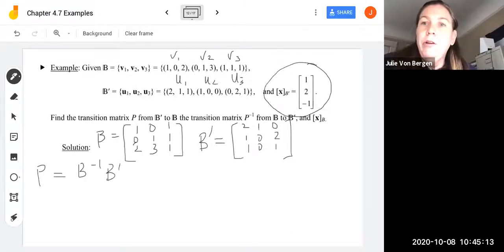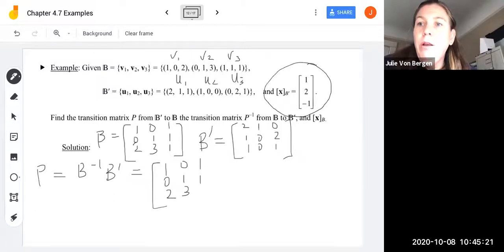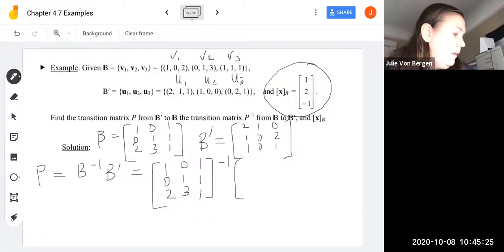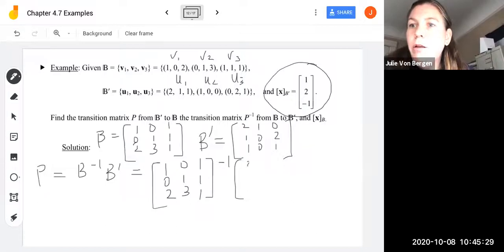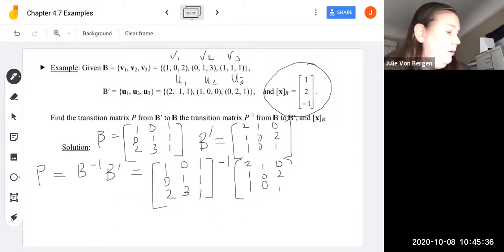So our calculations here are going to be 1, 0, 2, 0, 1, 3, 1, 1, 1, inverse, multiplied by 2, 1, 1, 1, 0, 0, and 0, 2, 1 here.